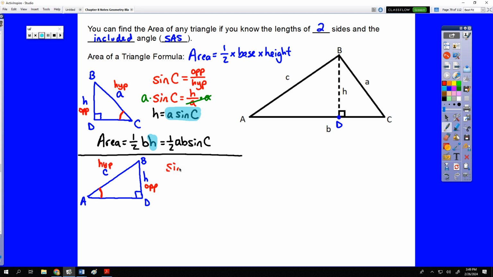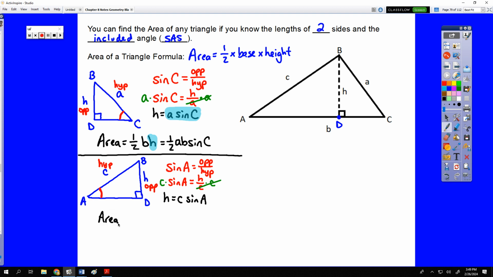So the sine of angle A is opposite over hypotenuse, which means that the sine of angle A is H over C. Same argument as before, we're going to solve for H by multiplying each side by C, which is going to give us that H is C times the sine of angle A.